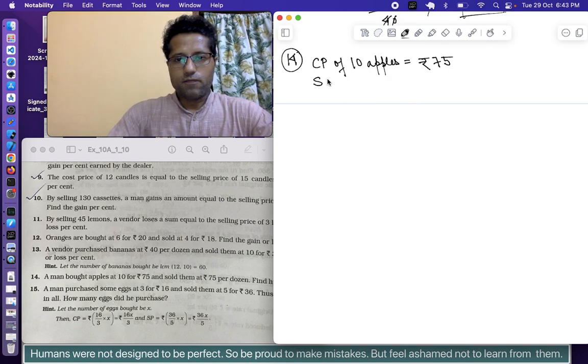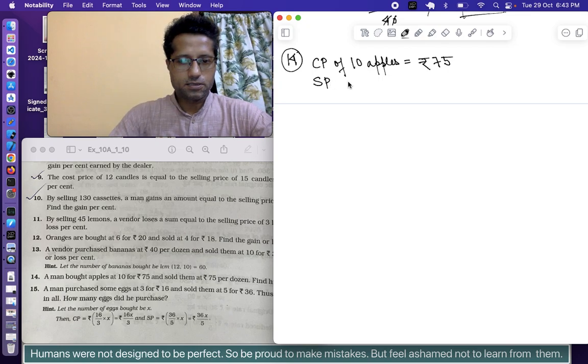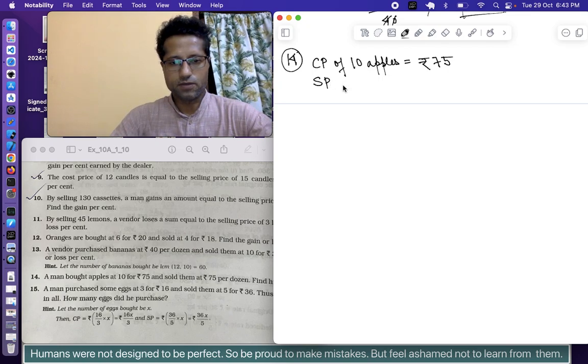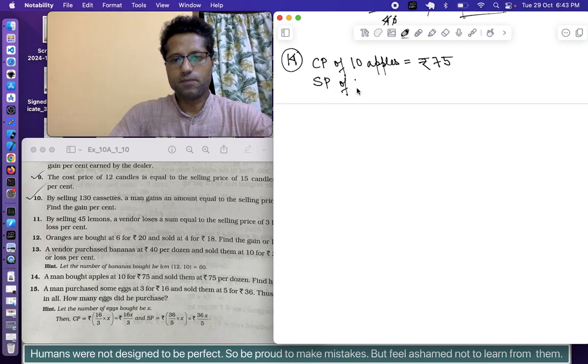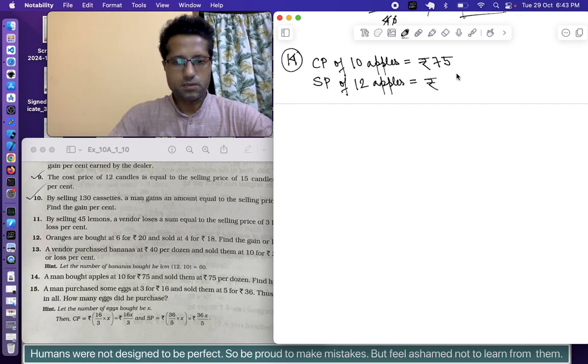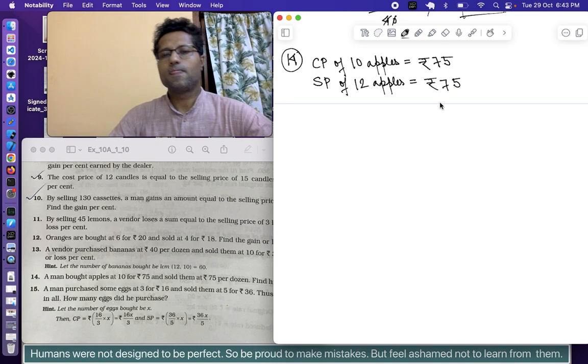And what is given? Selling price. A man bought apples at 10 for rupees 75 and sold them at rupees 75 per dozen. That is, selling price of 12 apples is equal to rupees 75. Okay.